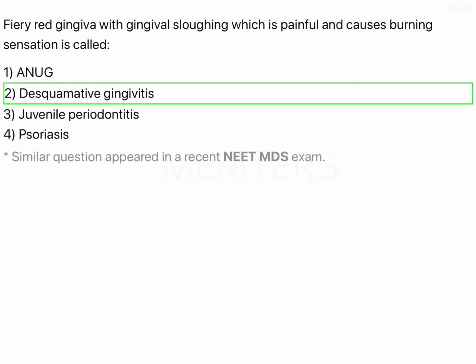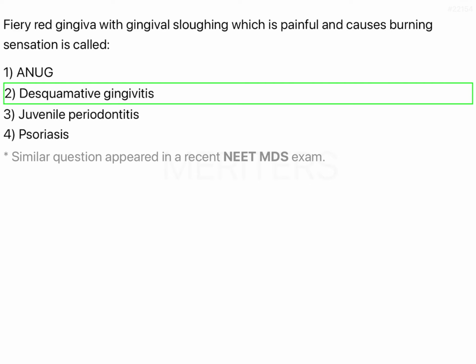In addition to that, even lupus erythematosus as well as linear gingival eczema can also present as desquamative gingivitis. That is the reason why desquamative gingivitis is a diagnosis, and you need to perform some form of incisional biopsy in order to understand the underlying cause. Even atrophic candidiasis can present as desquamative gingivitis.